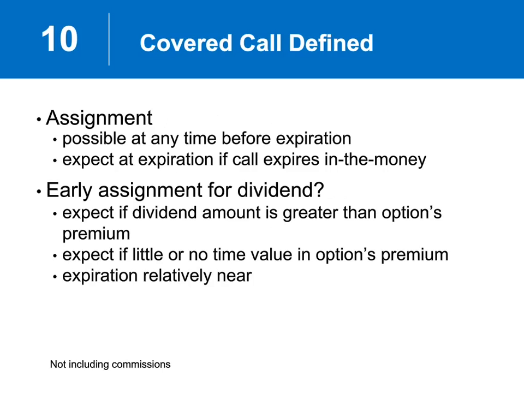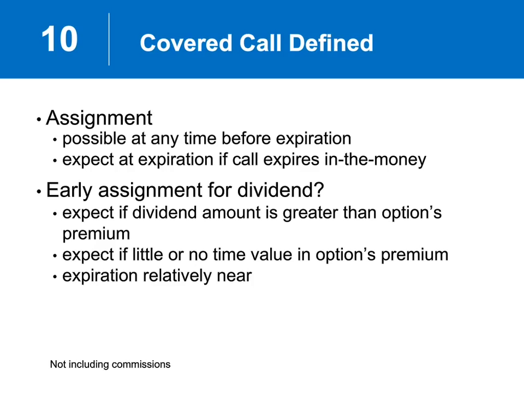The dividend is one of them, and basically we can expect to be assigned with an upcoming dividend if the option premium in that short call is smaller than the dividend to be paid. So that's moving on a little bit, and in general, understanding this is real important. Nobody likes surprises with their investments, and so controlling this whole idea of assignment matters.